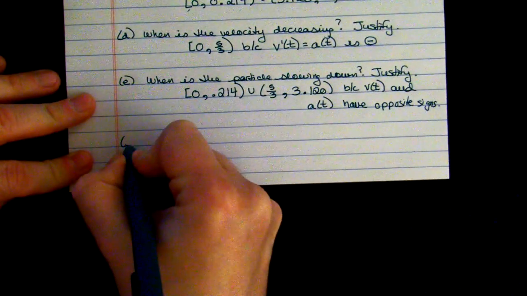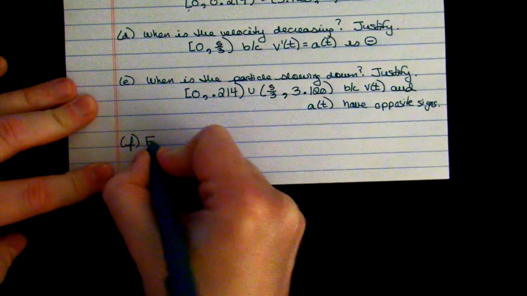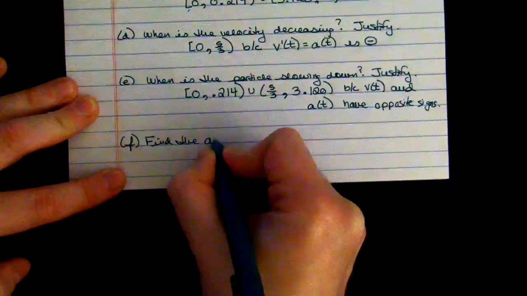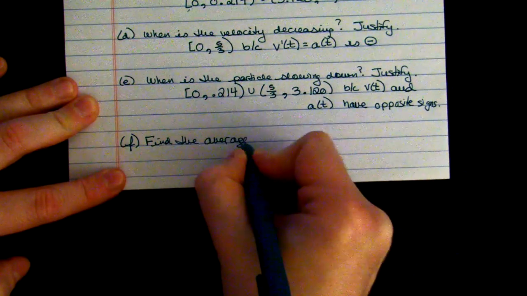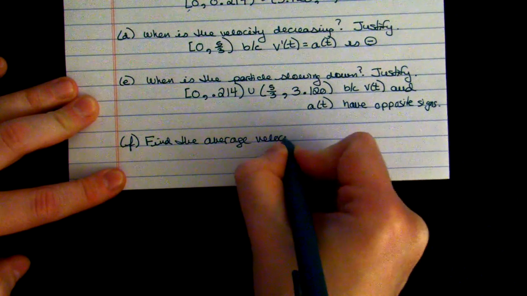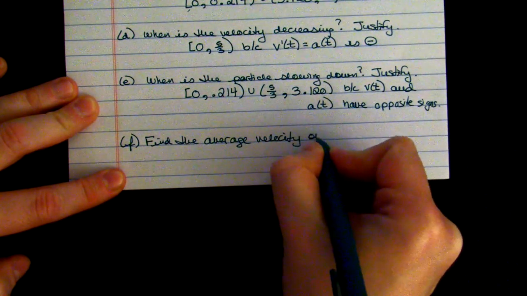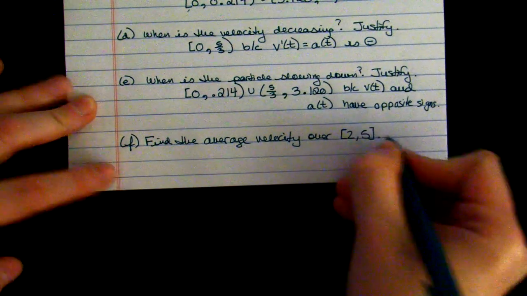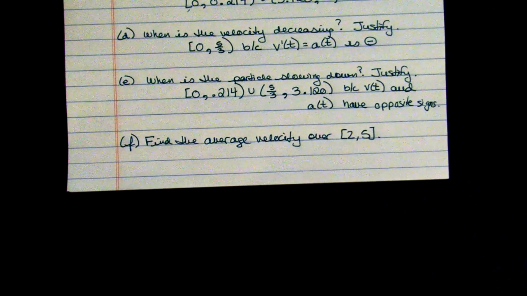Next, letter F. Find the average velocity over the interval from time 2 to time 5. We want to find the average velocity between time 2 and time 5.